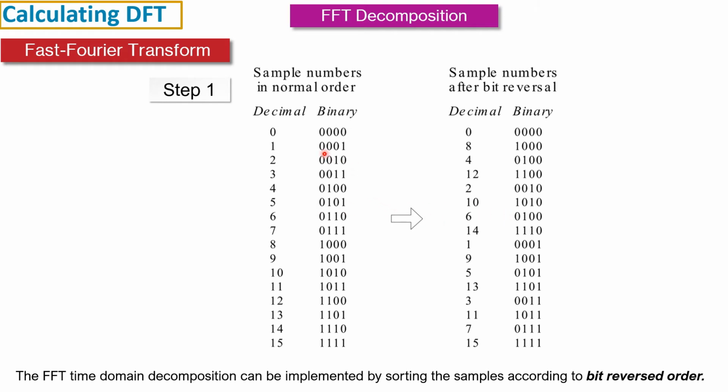Here it was 0001, and after rearrangement it is 1000, right? So this is the reversal of bits. In the second one, 0010, now it is 0100, and let's check the 7, 0111, and the corresponding number in the rearranged one is 1110. So this is the bit reversal.